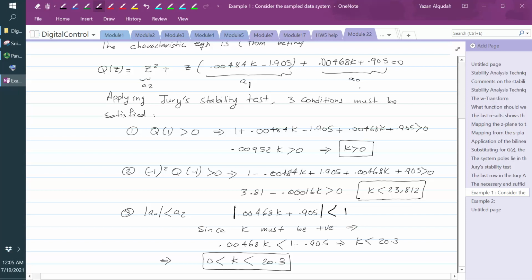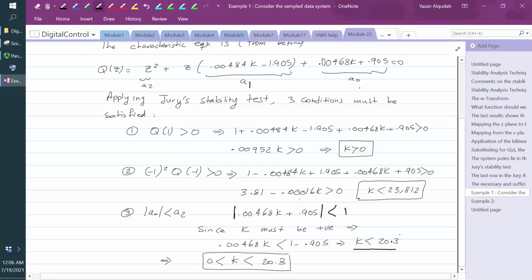Since we already know k has to be positive, I can just consider the case when the expression inside is positive. So 0.00468k plus 0.905 has to be less than 1, and this results in k being less than 20.3.